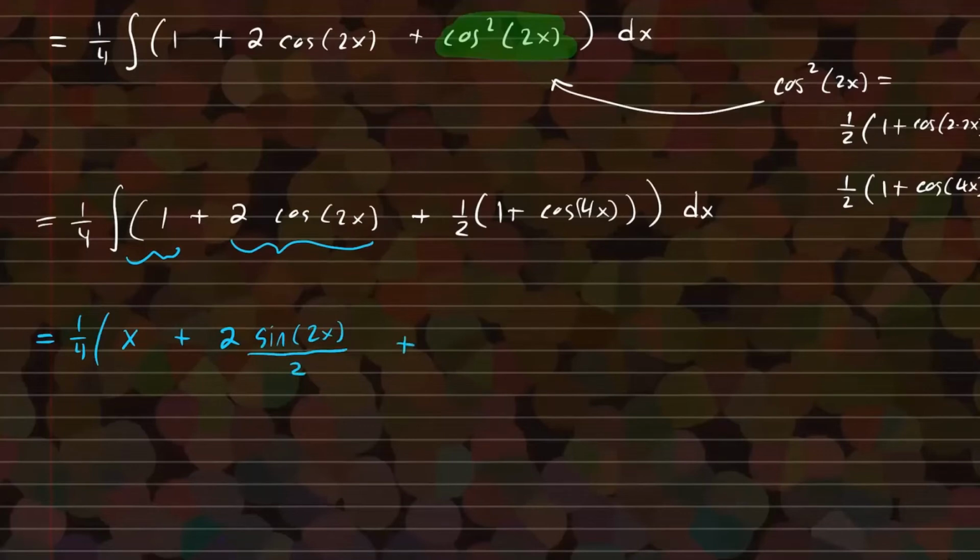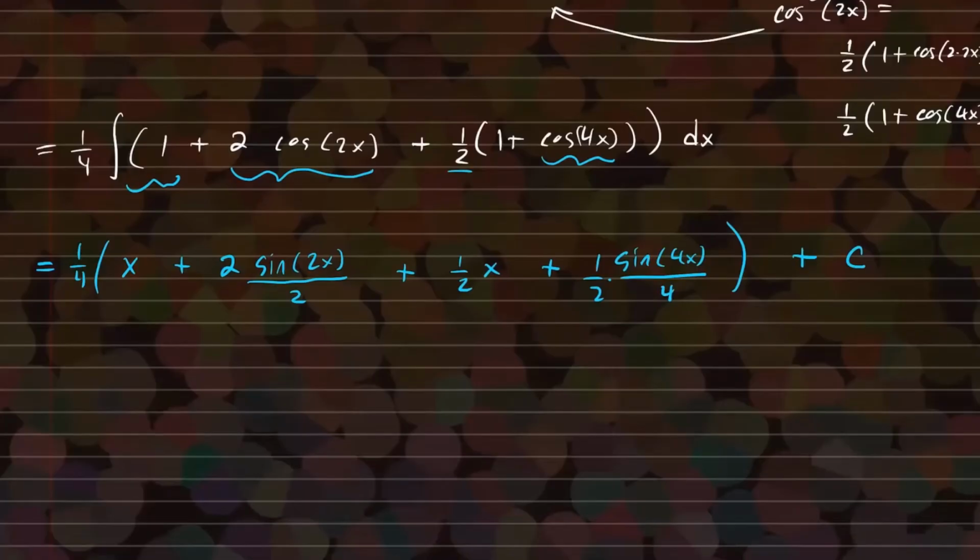Plus, when you integrate the second piece, you can distribute this out or do it mentally. We're integrating 1/2, so that will be 1/2 x. Plus, now we're integrating this and then times 1/2. The integral of cosine is sine of 4x, but of course we have to divide by 2, and then times 1/2 from that term in the front. This completes the integration, plus C.